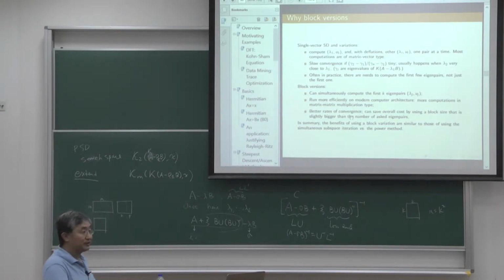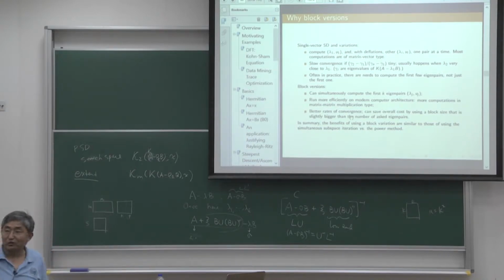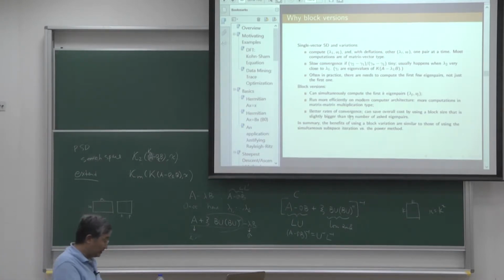Then you will see some eigenvalues converge much faster. Another benefit is, now you're in Sherry's lecture, she talked a lot about how to speed up computation using BLAS 2 or BLAS 3 operations. Before, it was matrix vector, that's BLAS 2.